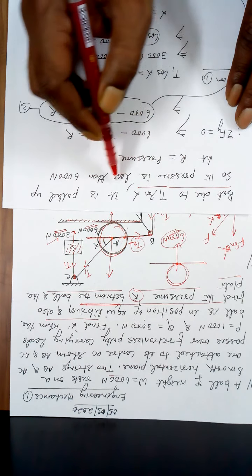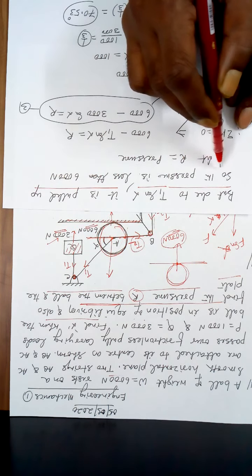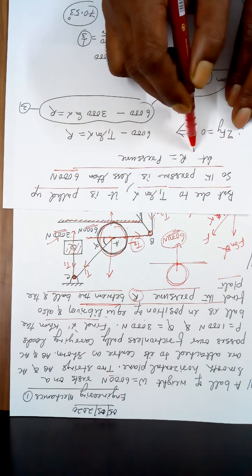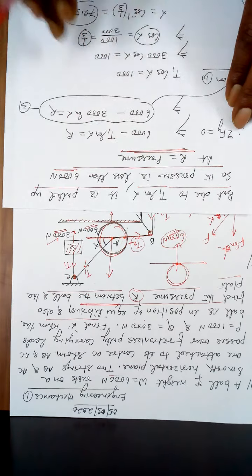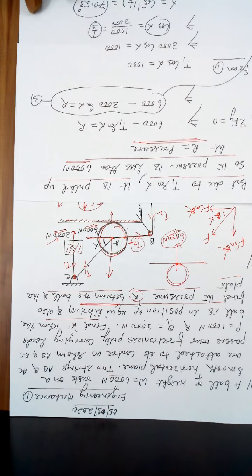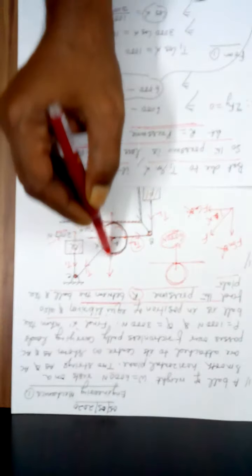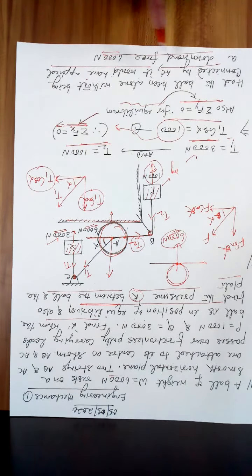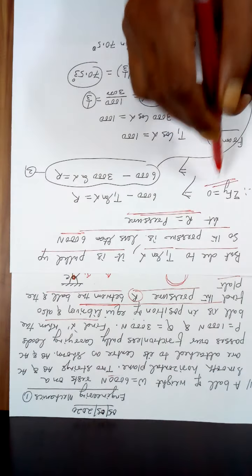Due to T1 sin alpha, it is pulled up, so the pressure is less than 6000 Newton. Let the pressure be R. Now along this direction, the force has to be 0 for equilibrium, that is sigma Fy is equal to 0.